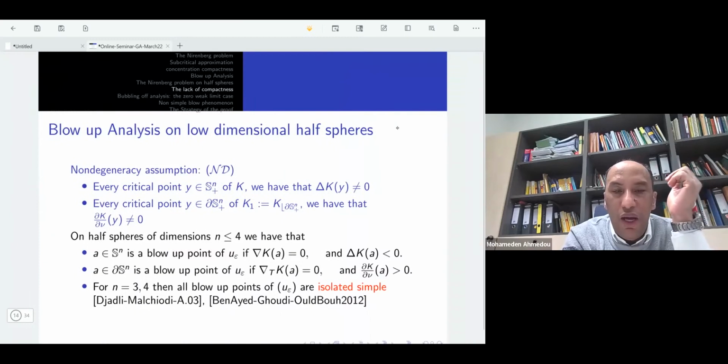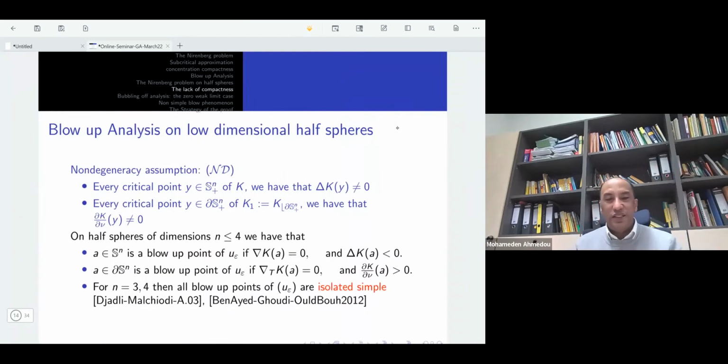Okay, now what about the blow-up analysis? This has been done for low dimensional spheres. And then now you also need a non-degeneracy assumption, which is somehow similar for a critical point. It is the same as the one that you have for the closed case, namely that at every critical point, the Laplacian should not be equal to 0.